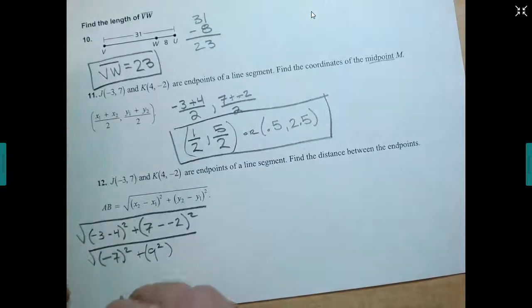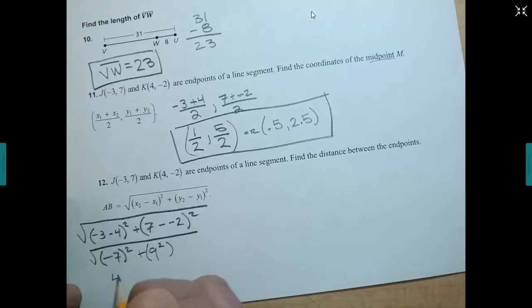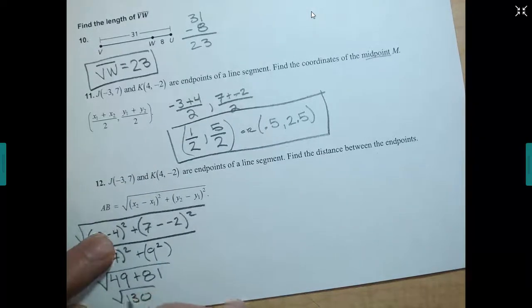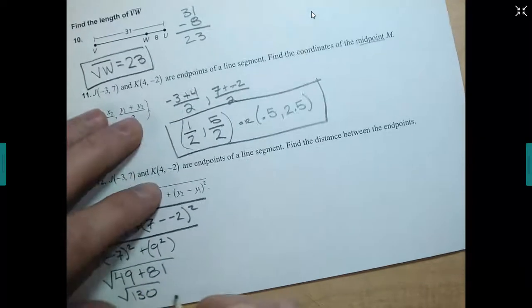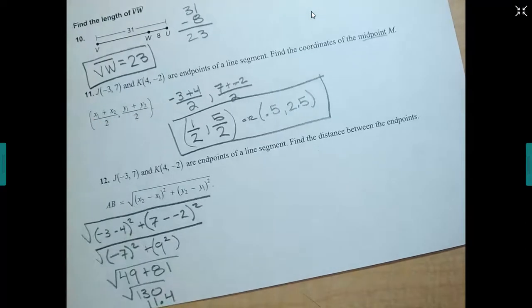So I have 49 plus 81. 130 square rooted is 11.4.